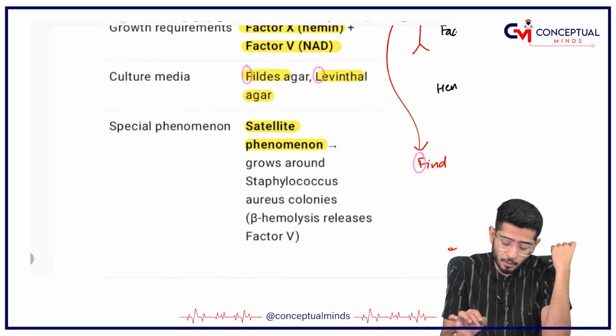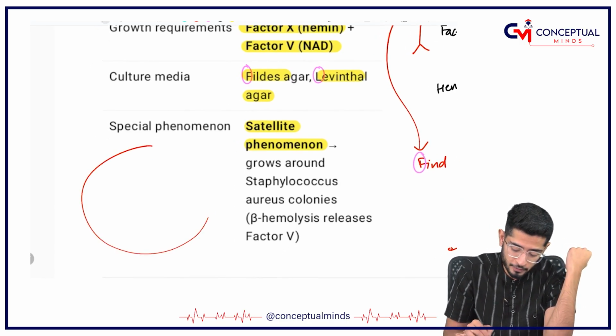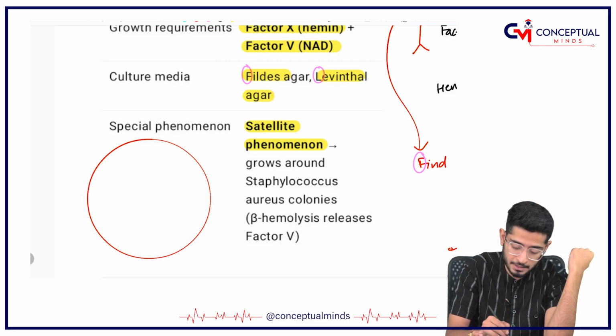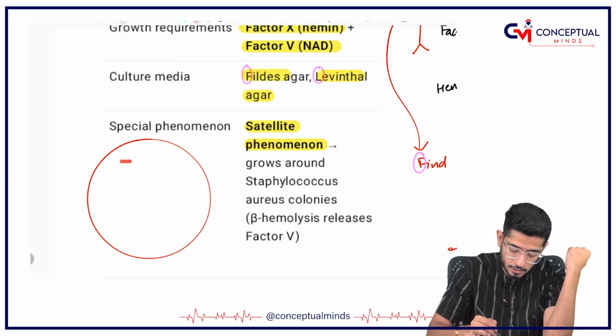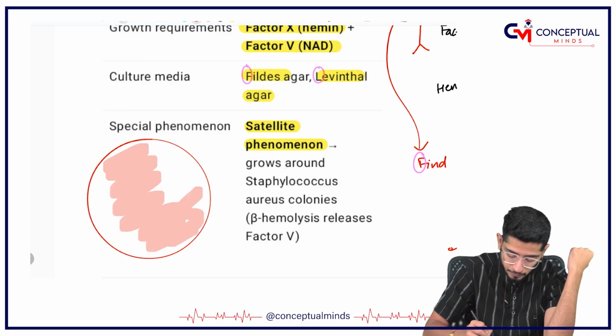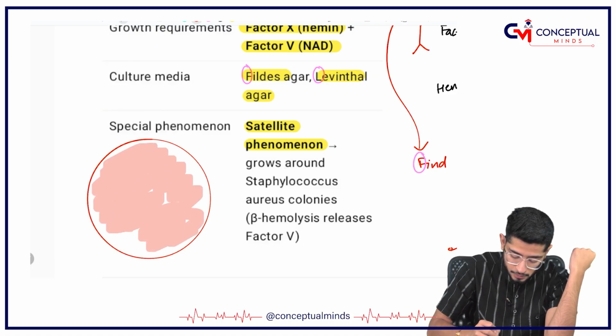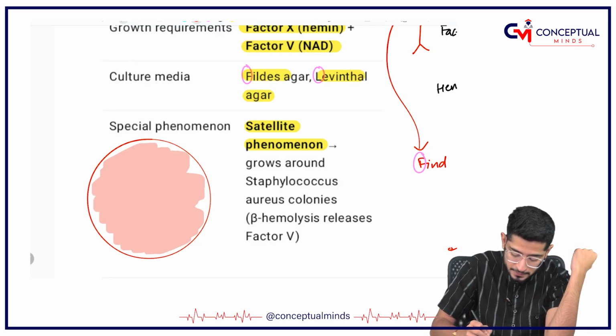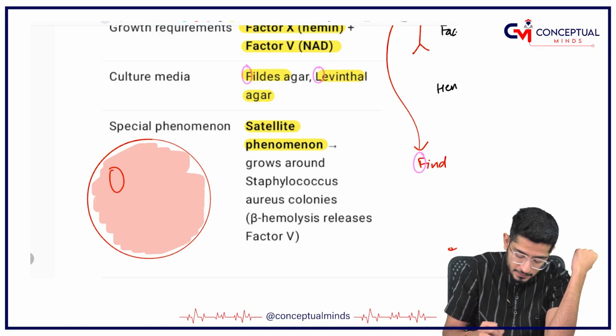That means what happens, see here, I will teach you. For example, this is a media which is full of blood agar. Because it is full of blood agar, obviously it is having blood and blood is having RBCs.